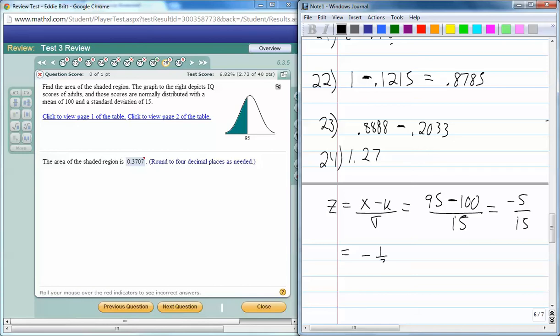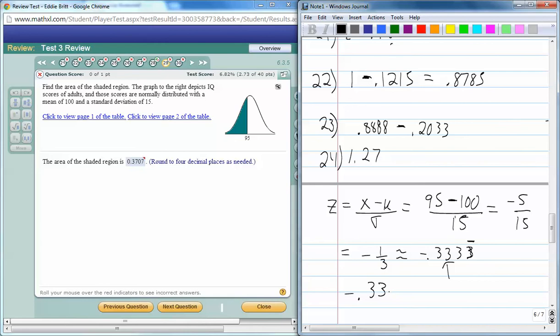Negative 1/3. So for a z-score, we want 2 decimal places. You punch that in your calculator, and you're going to get negative 0.3333, repeating. That 3 is going to keep going on and on. So if we want to round to 2 places, because it is a z-score, then we round that to negative 0.33. Alright, so that's our z-score.